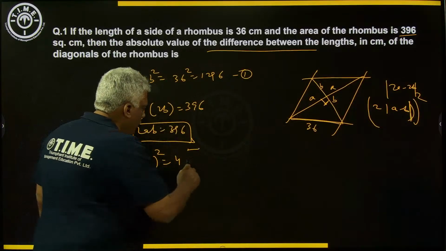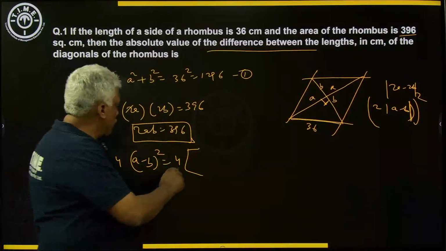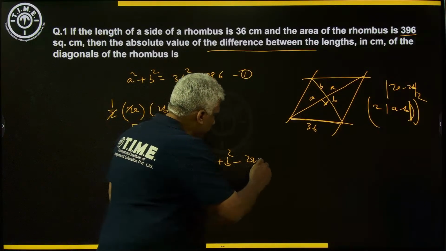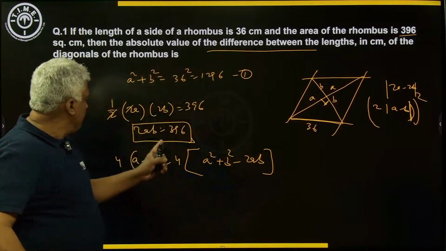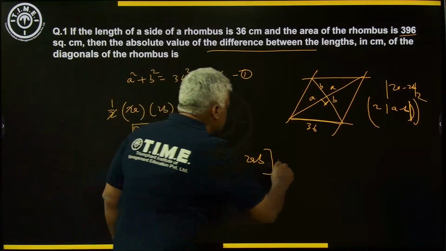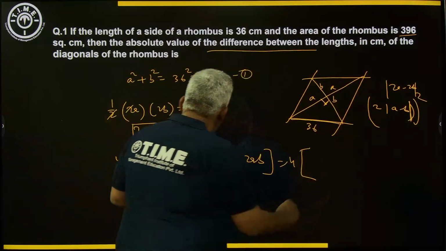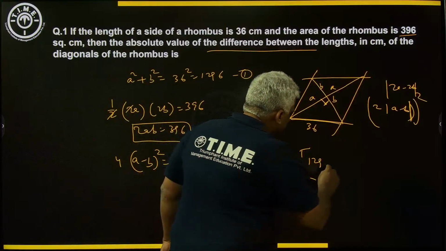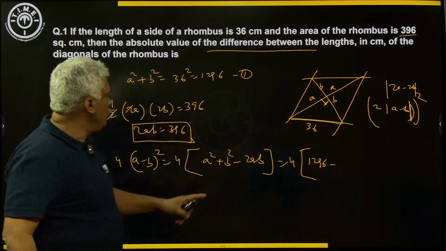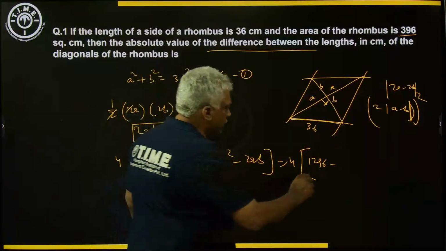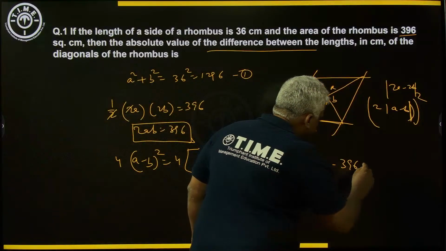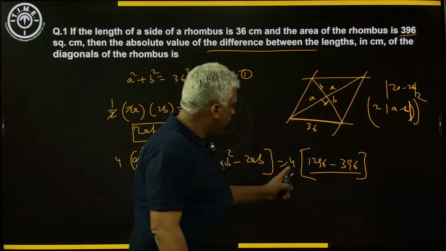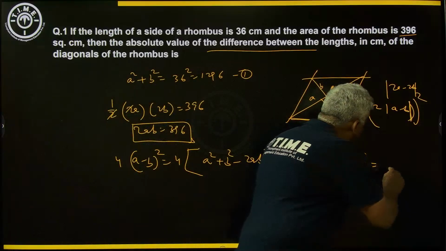Now if you open the bracket, it will be 4 times a square plus b square minus 2ab, right? A square plus b square already we have, 1296, and minus 2ab, 2ab already we have, 396. So this will be 900. 900 into 4, that is 3600, right?